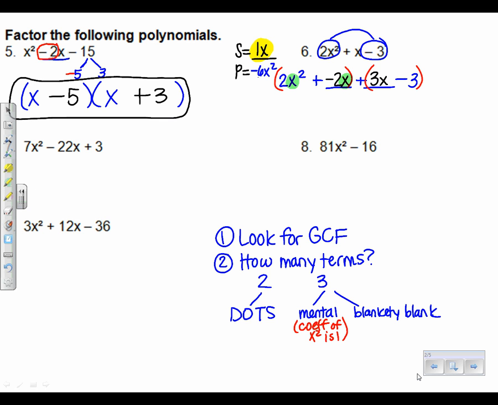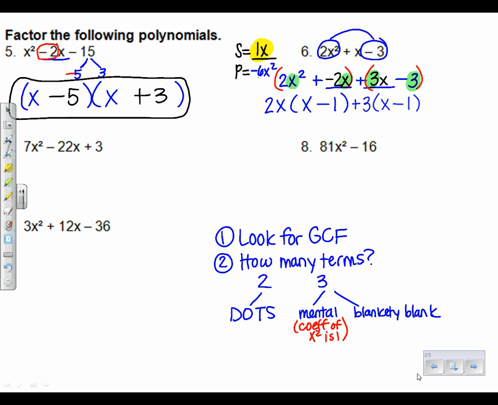So I'm going to pull out a 2 and an x, and I'm left with x minus 1. In the second grouping, I see that both terms have a 3 in common. They don't have any x's in common, so I can't pull out an x, but I can pull out a positive 3, and I'm left with x minus 1.